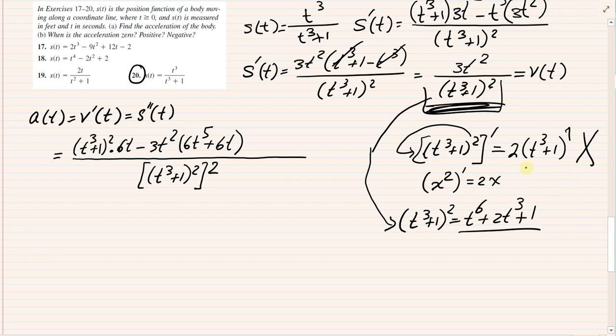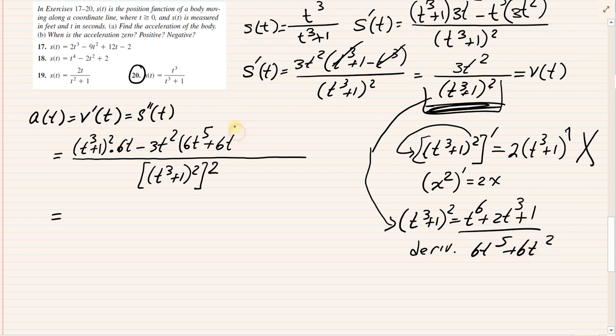Okay, and what do we do next? Next, let's factor t cubed plus 1. Let me do this. This is the derivative. The derivative is going to be 6t fifth plus 6t squared. 6t squared.